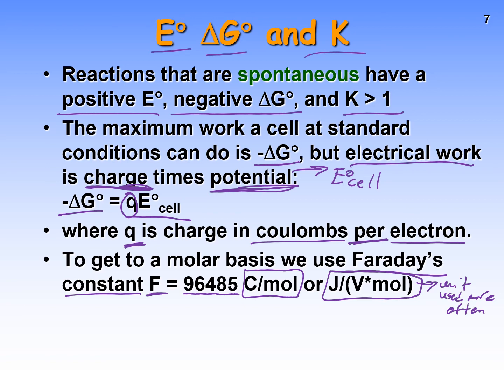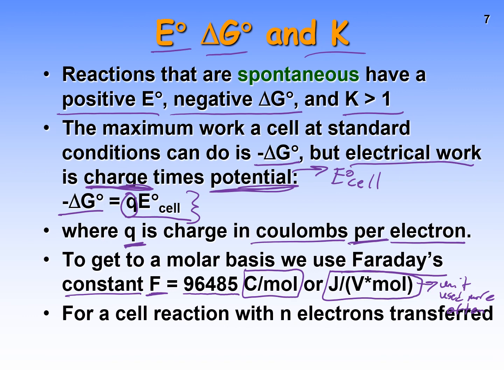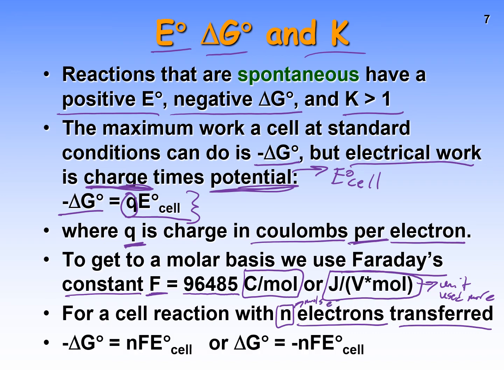Now, this changes this equation a little bit up here to something new. For a reaction where we have n number of electrons transferred, and this is really like n moles of electrons transferred, we have delta G equals negative n F E naught cell.